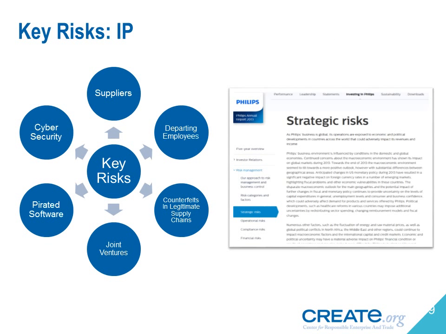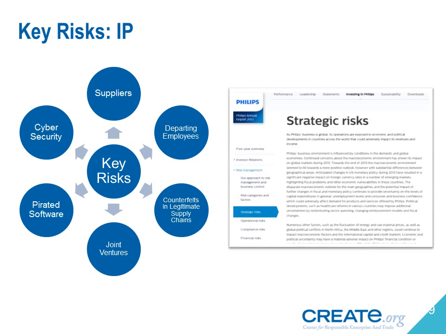So if we take a quick look at the different types of IP risk, as Alan mentioned, you have risk with suppliers or joint venture partners, and then you get into certain types of specific risks, cybersecurity risks, the risk of using pirated software, which opens a gateway for malware to come into your system or for hackers.